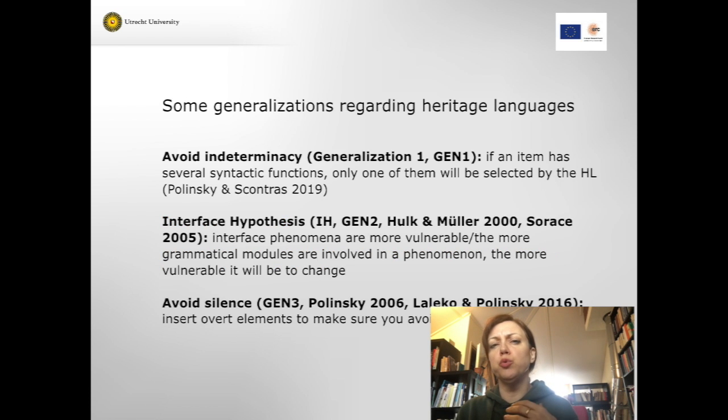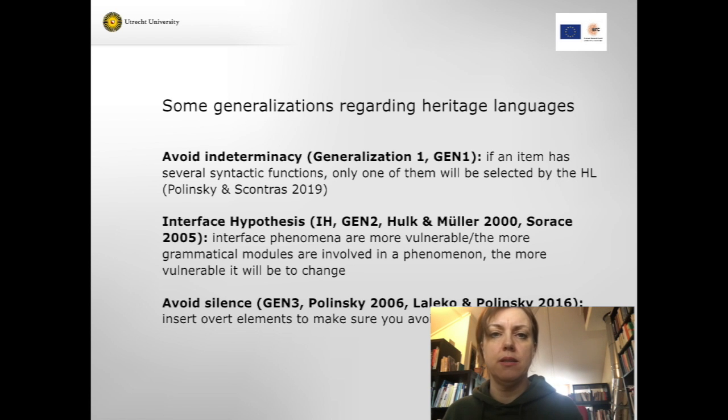So what you usually see is you concentrate on the cognitive factors that make it possible for transfer between languages to take place. Based on a lot of studies of different sorts, there have been some generalizations that we want to focus on in this talk. And the three generalizations we want to focus on regarding heritage languages are the things that you see here.